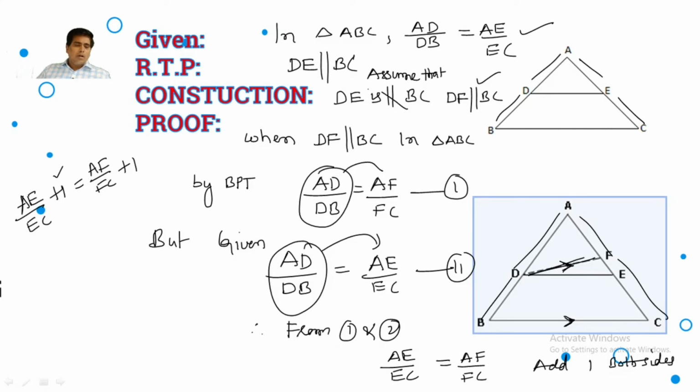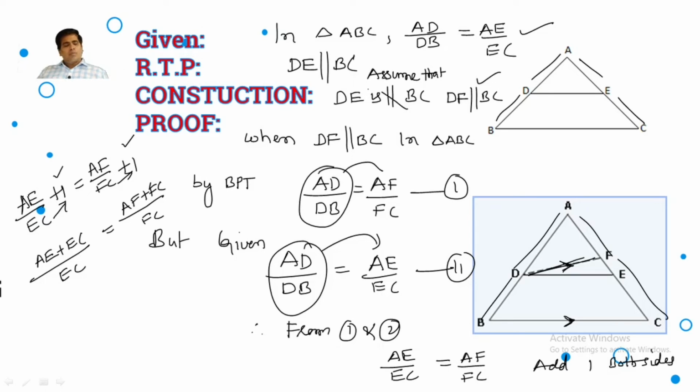I have added 1 to both sides, the left hand side as well as the right hand side. If I simplify this fraction, what will I get? AE plus EC by EC is equal to AF plus FC by FC.